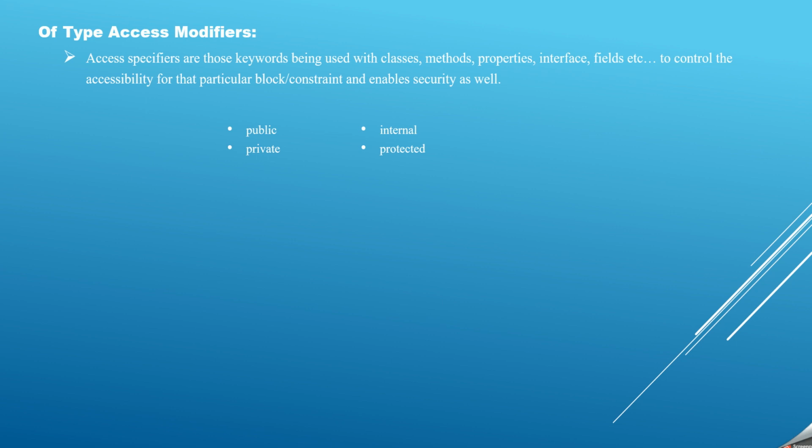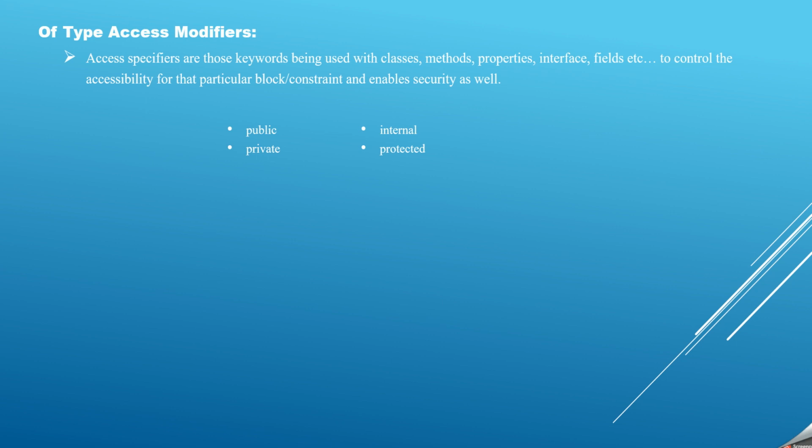Public, private, as the name itself suggests, decide up to what extent and how many resources should be available, that is, the accessibility. Why is it there in every object oriented programming language? Because the main intention is to provide one level of security to your program, right?